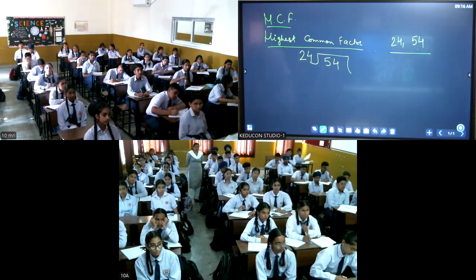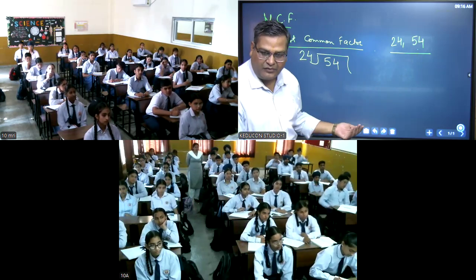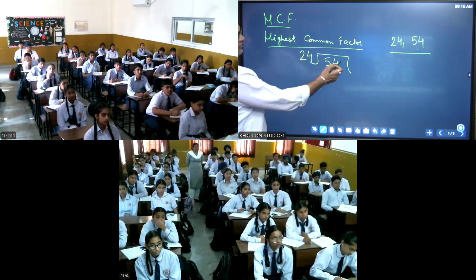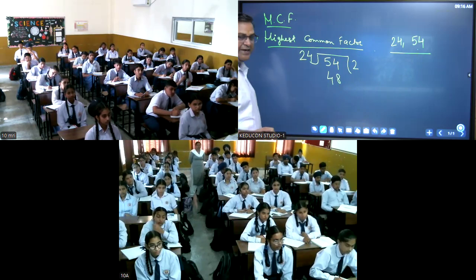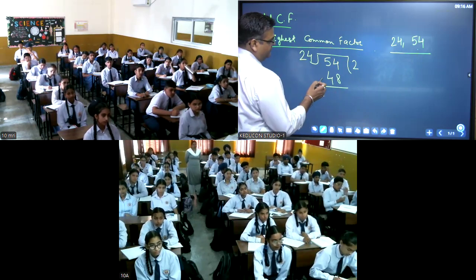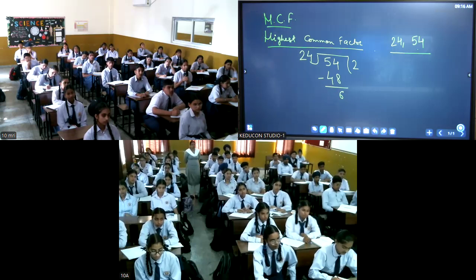Is this clear? Yes. Then, just as you normally perform division, you have to do the division. 24 2s are 48. What is the remainder? 6. Is this clear, children?